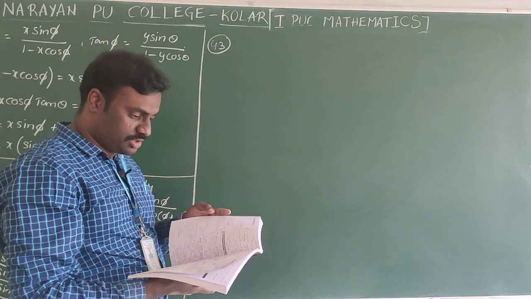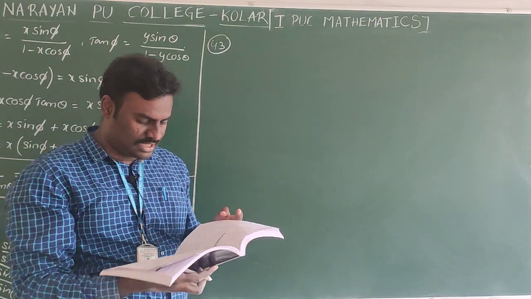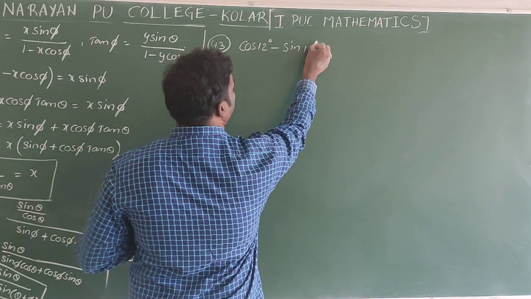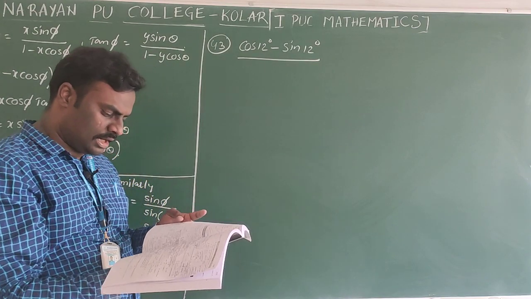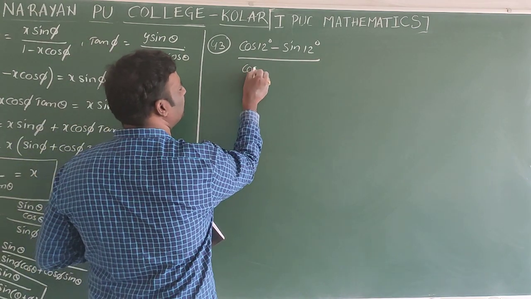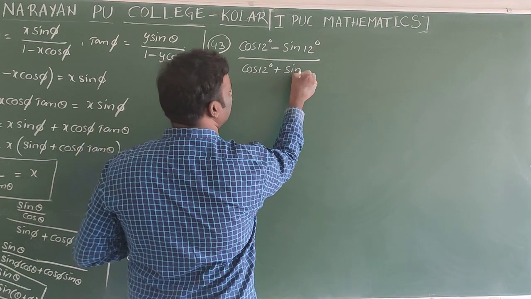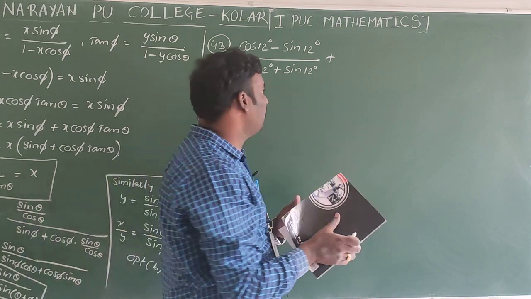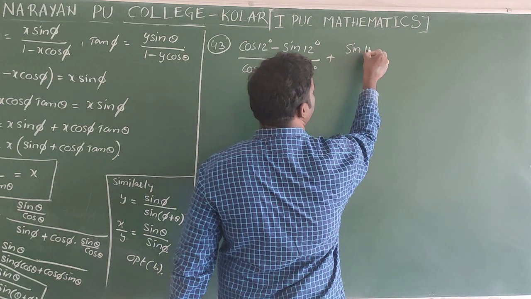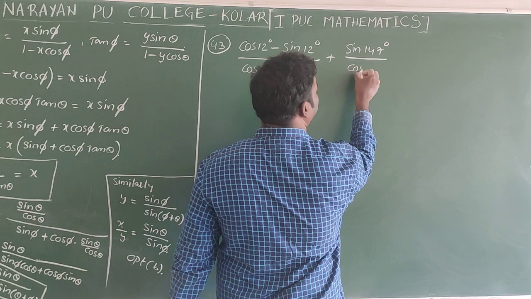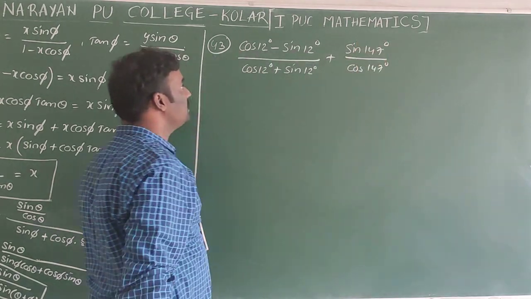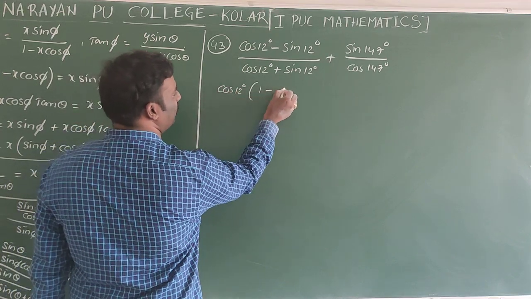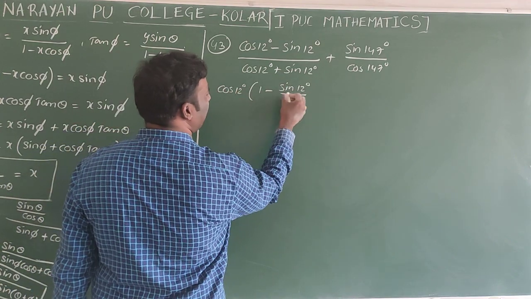In question 43, they gave cos 12 minus sin 12 by cos 12 plus sin 12 plus sin 147 by cos 147. Simple question. See here, I will take cos common: 1 minus sin by cos, which you can write directly as tan.